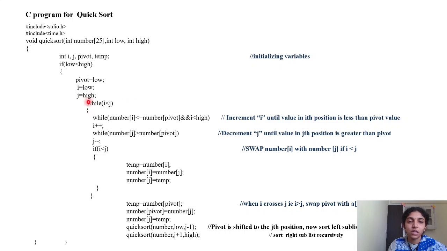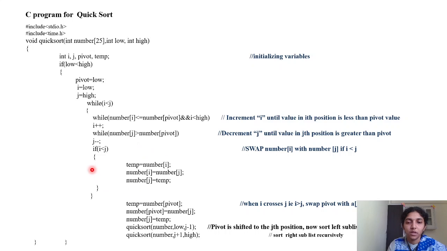Now we have to check continuously: while i is less than j, we perform these operations. While number[i] is less than or equal to number[pivot], increment i, that is i++. While number[j] is greater than number[pivot], decrement j, that is j--. Then you have to perform the swap operation.